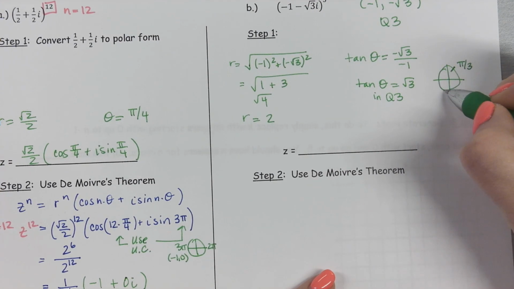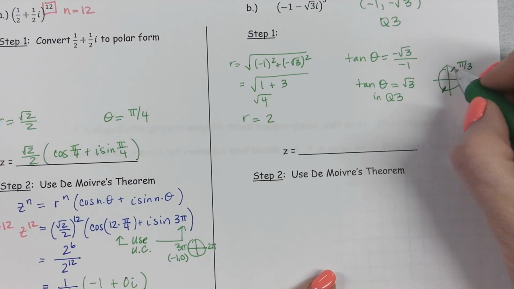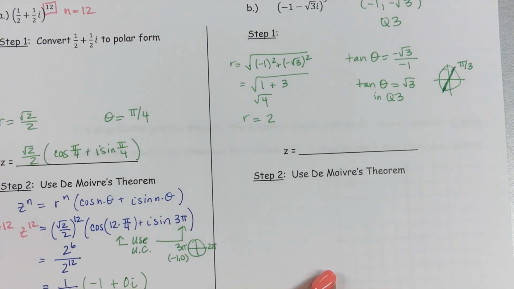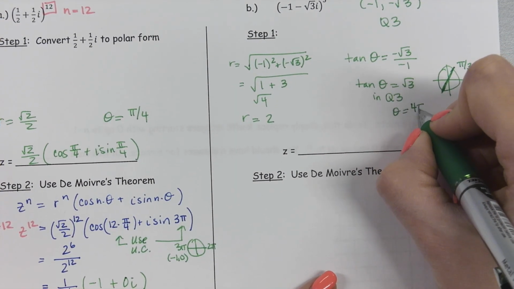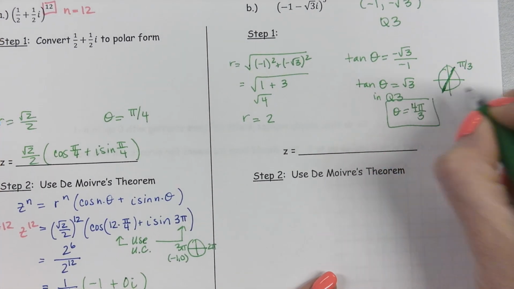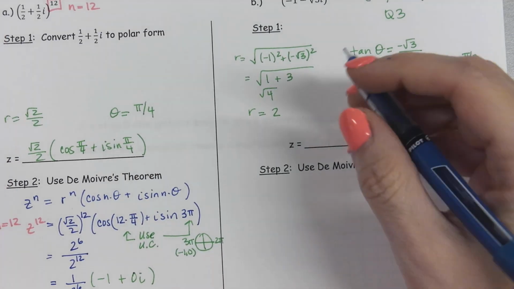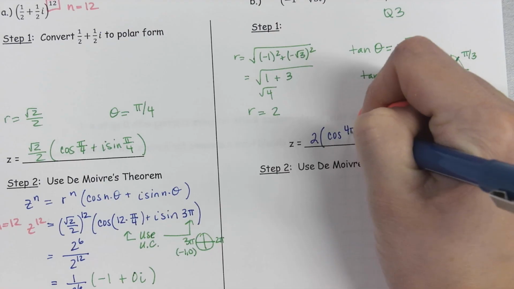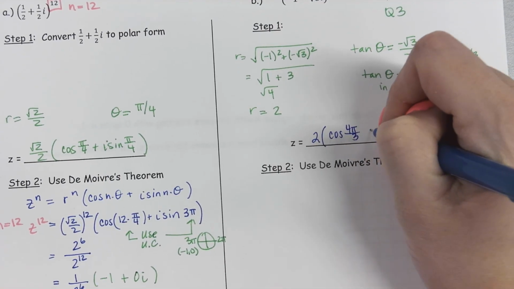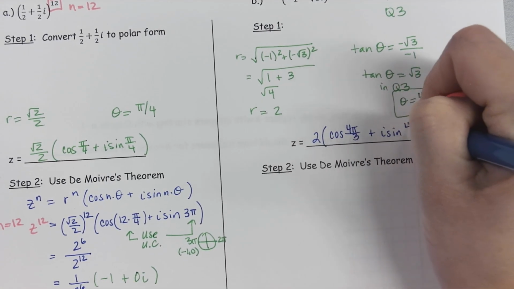To get to the place in this quadrant, you just have to do what? Add pi. Yep. So what's your theta value going to be? 4 pi over 3. So then your polar form is 2 cosine of 4 pi over 3 plus i sine 4 pi over 3.